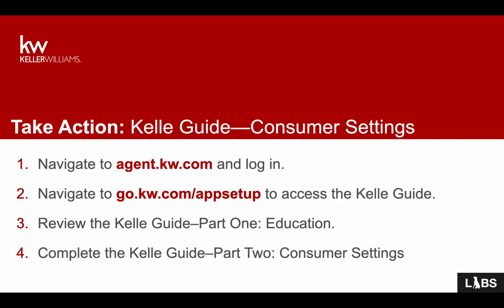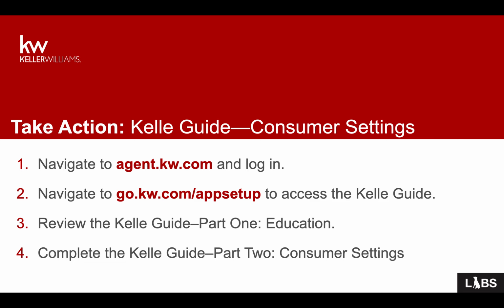So you can navigate to agent.kw.com and log in, or you can navigate to go.kw.com/app setup to access the Kelly Guide directly. But if you guys are using agent.kw.com and going to the consumer applet, going into site and app settings, and then going to learn more with Kelly Guides, consumer, then you're going to be able to get to the exact same place. So it just depends on which route you want to take to get there.